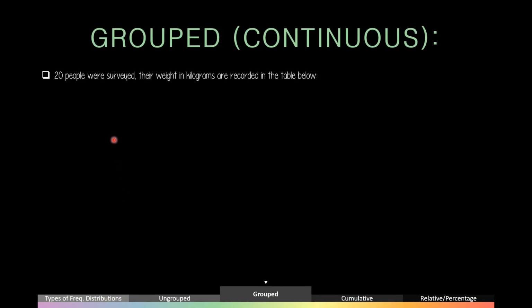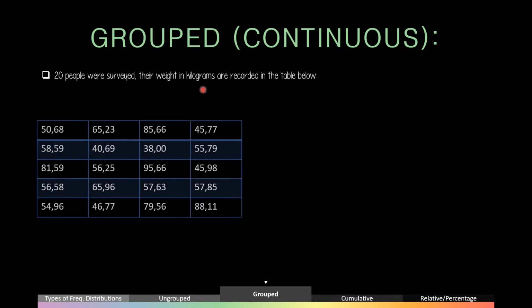Here we have 20 people that were surveyed and their weight, measured in kilograms, is recorded in the table on your screen. So the first thing we notice is we don't have a small set of unique data values, so we cannot construct an ungrouped frequency distribution. Next, we see that each data value is representing a measured weight. So this tells us that we're working with continuous data.